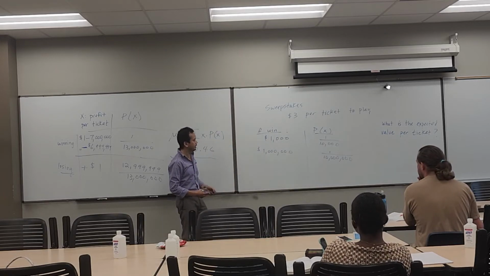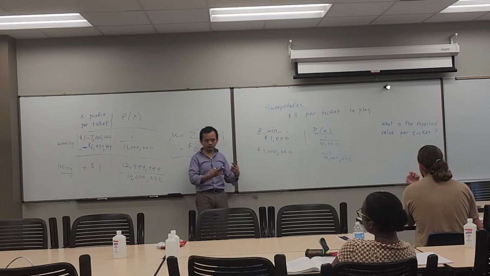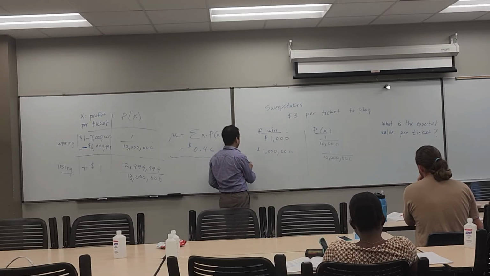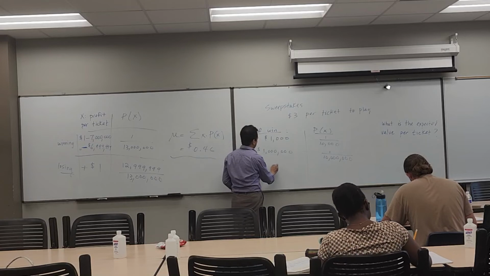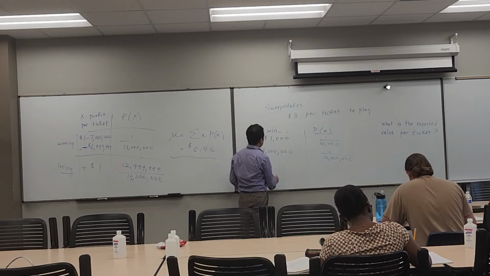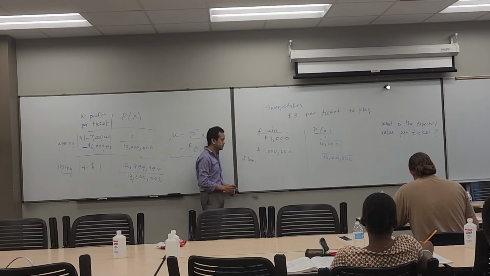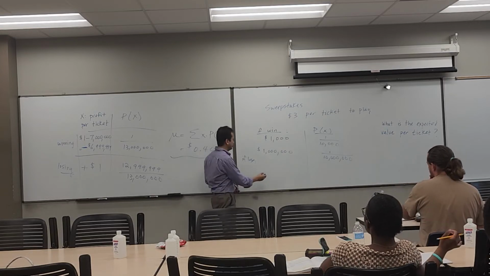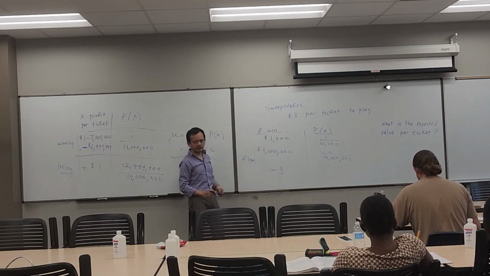If you lose. Yeah, so we're only accounting for the case if you win, but we're not accounting for the huge possibility that we could lose. So we need to account for that. If we lose, then how much are we losing per ticket? $3? Yeah, we're losing the full $3 if we lose. And what's the probability of that happening?